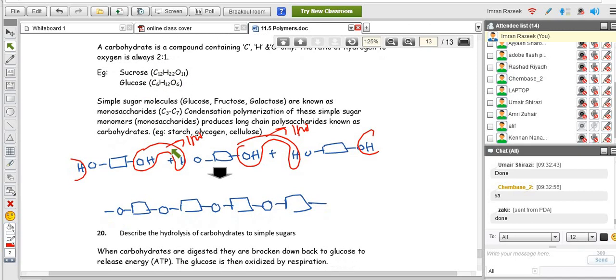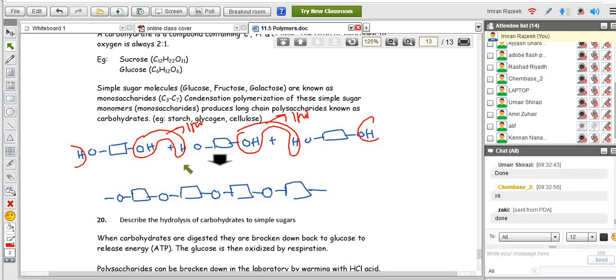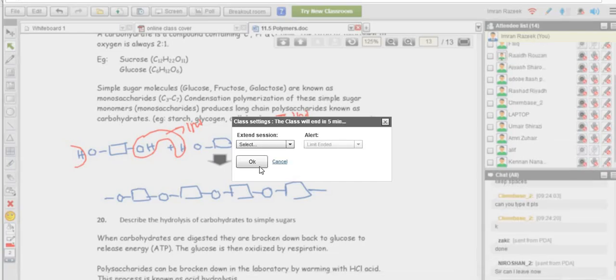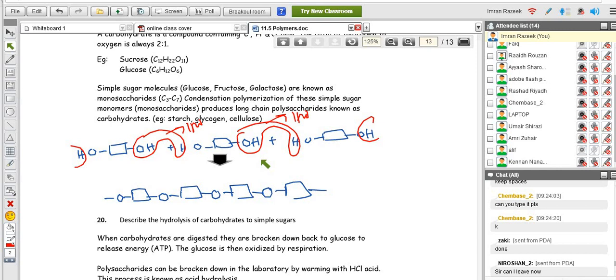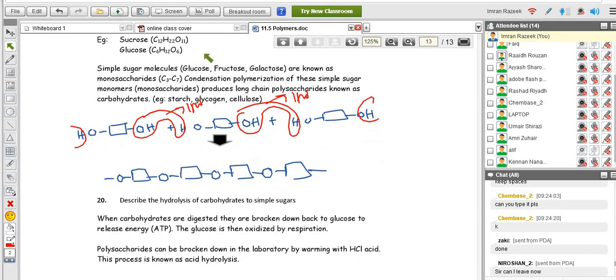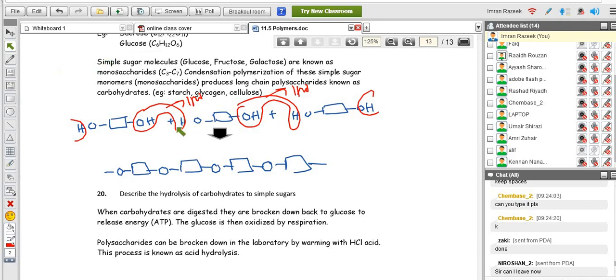So simple sugars, glucose, fructose, galactose, are known as monosaccharides, with 3 to 7 carbon atoms. The condensation polymers of these monosaccharides produce long chain polysaccharides known as carbohydrates: starch, glycogen, and cellulose. So this is the monosaccharide, and this is the polysaccharide you get.